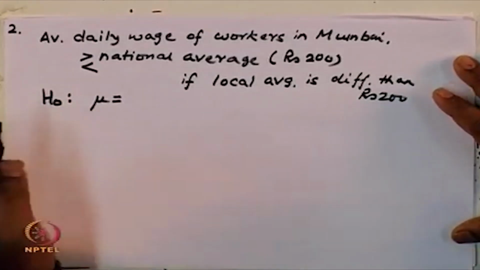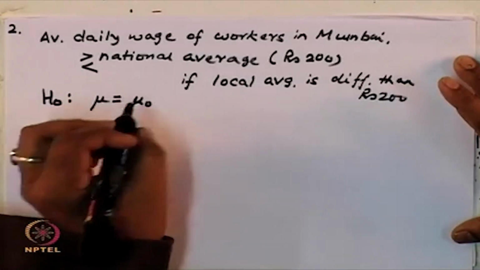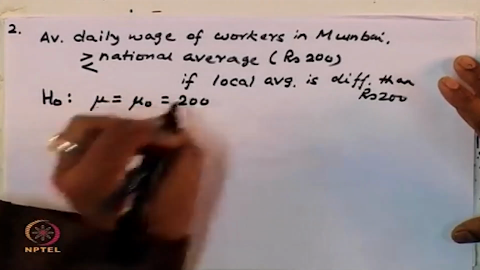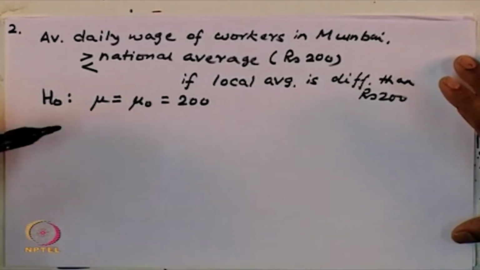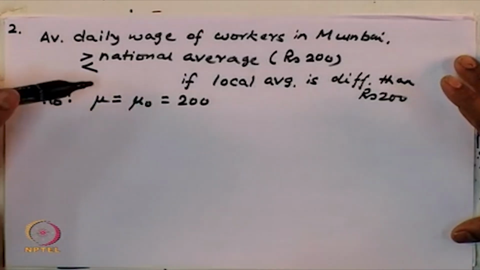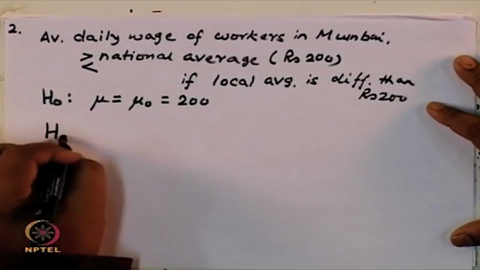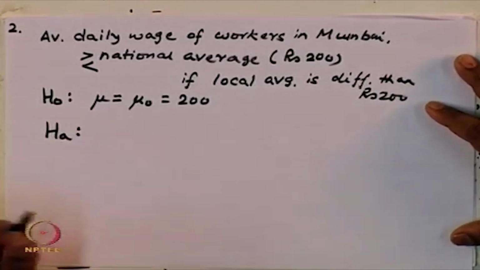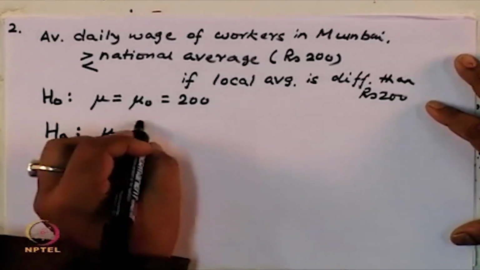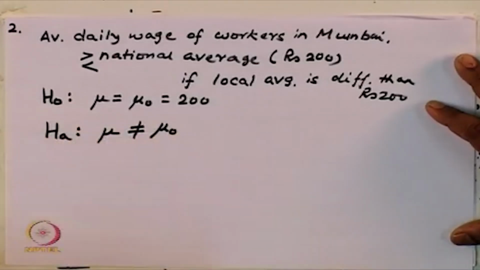So, your null hypothesis assumes that mu is equal to mu naught is equal to 200. That means you assume that the local average is the same as the national average. And your H A assumes mu is not equal to mu naught.